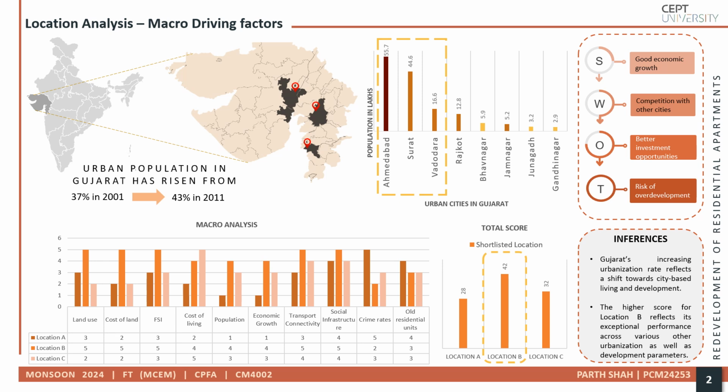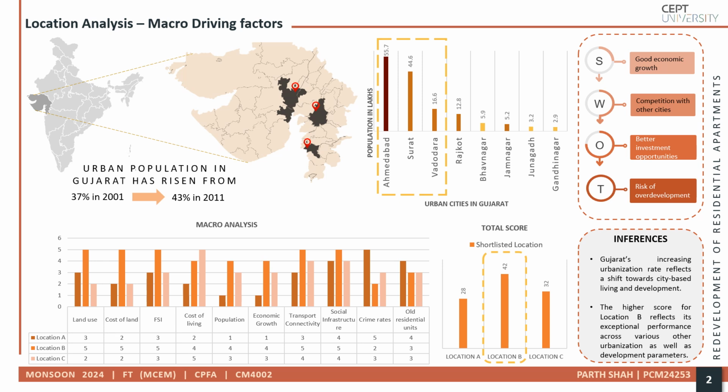The factors considered for this analysis included land use patterns, land cost, FSI, cost of living, population density, economic growth, transport connectivity, social infrastructure, crime rates, and presence of older residential units. Each factor was rated and scored, and based on the final scores, a potential location was identified. In this case, location B emerged as the most suitable choice for redevelopment projects with a score of 42.